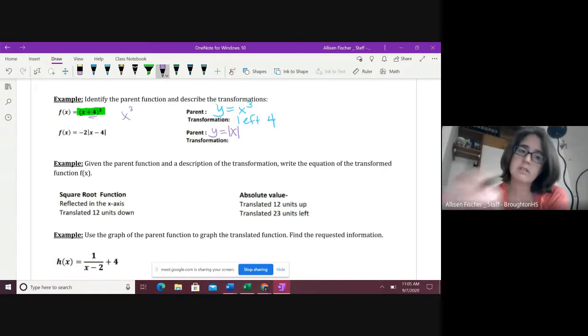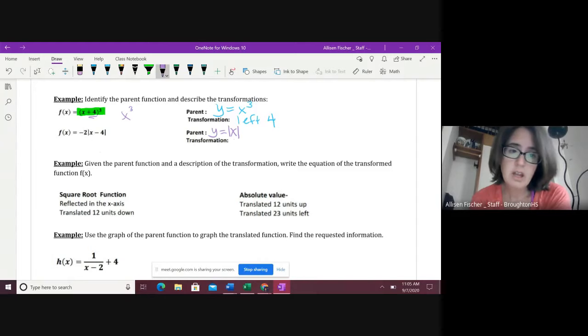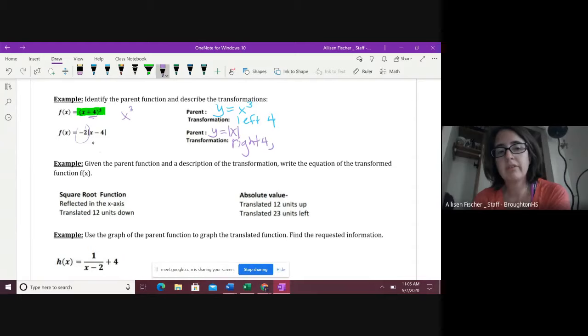So inside your parentheses, we have shifted to the right 4. Then our multiplication stuff here. That minus and that 2 are two separate transformations. We have reflected over the x-axis. That's messy handwriting, sorry. Reflected over the x-axis. And the 2 means anything that's outside of the grouping symbols is a vertical transformation.